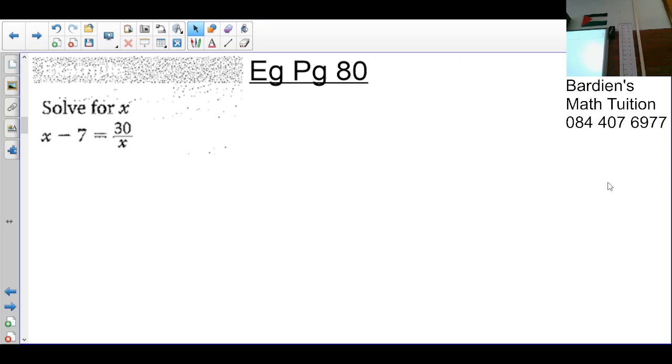So what's the first thing we're going to do here? Get rid of the LCM. So get rid of the LCM. The denominator. What's your LCM here? X. Okay.